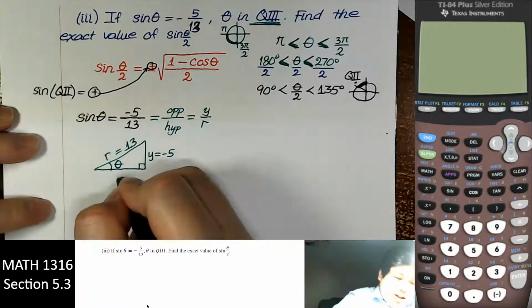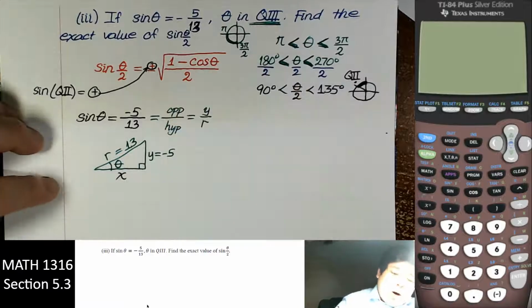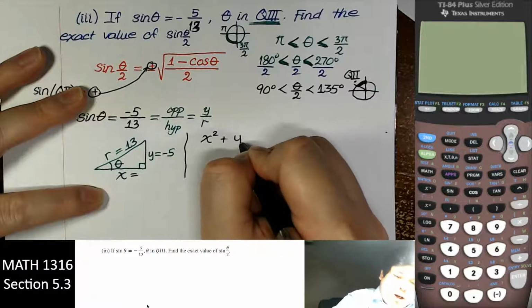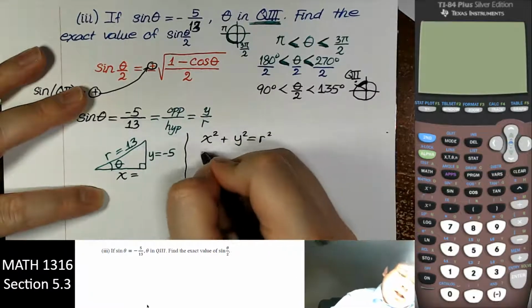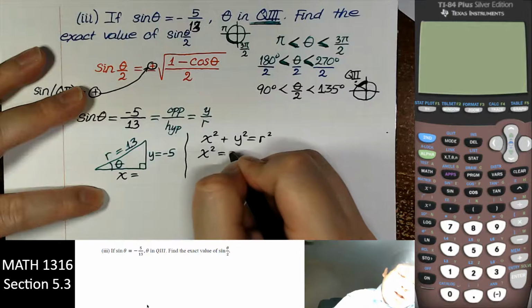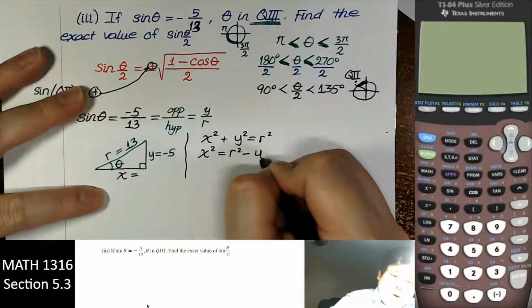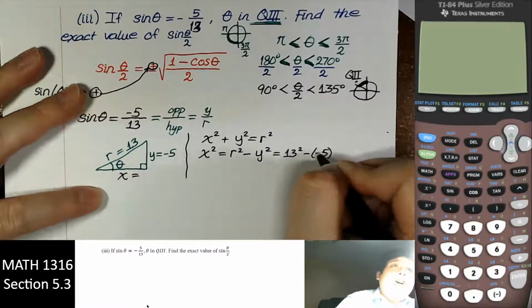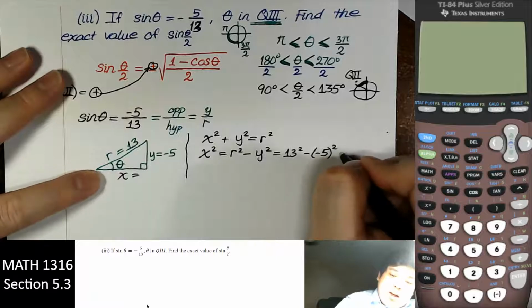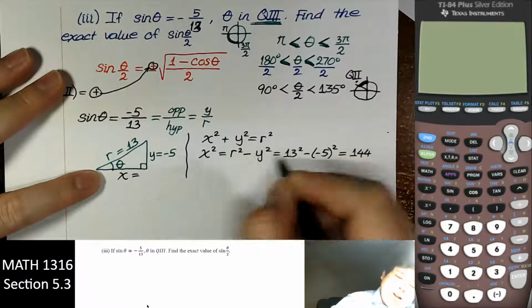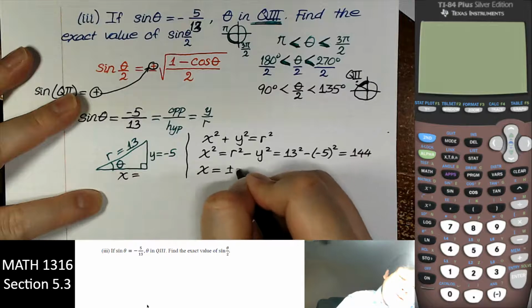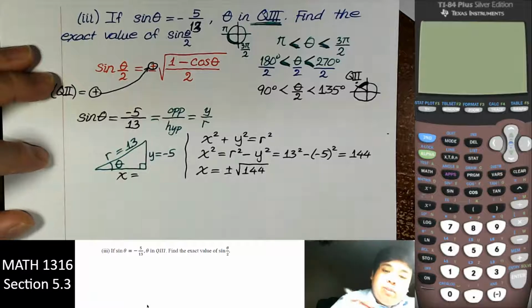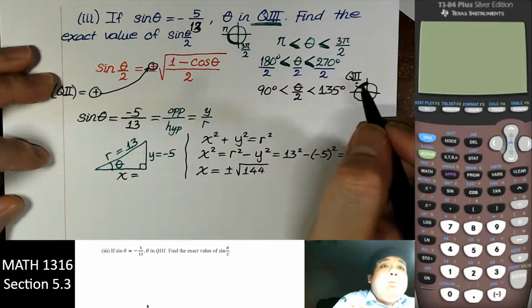We need to find x, because cosine is x over r. X squared plus y squared is r squared. So x squared is equal to r squared minus y squared. Yeah, so that's why it should be 13, because when we do this, that is 144. So x is equal to plus or minus 12. Now, again, should it be positive or negative?